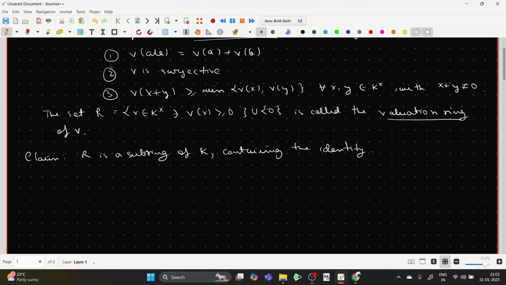Proof. To show that R is a subring, we only need to show that R is an additive subgroup of K, and that R is closed under multiplication. That's all we need to show, right?